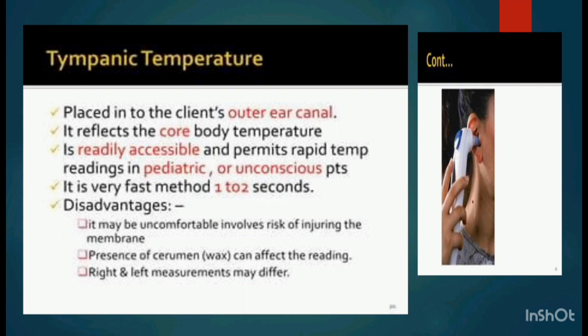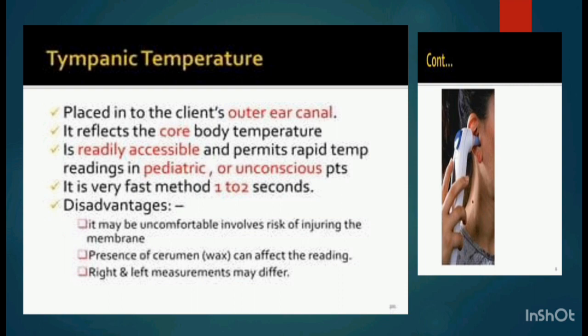Next is tympanic temperature. We have to place a thermometer in the client's outer ear canal. It reflects the core body temperature. It's readily accessible and permits rapid temperature reading in pediatric or unconscious patients.